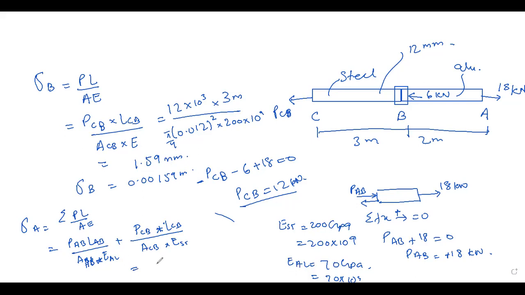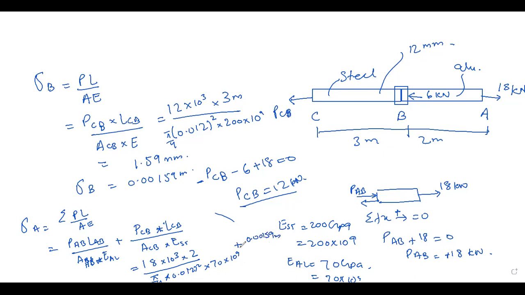So what is the value of PAB? We calculated 18. We put 18 into 10 raised to the power 3, into length of AB which is 2, divided by pi by 4 into 0.012 squared, multiplied by 70 into 10 to the power 9 gigapascal, plus 0.00159 meter.